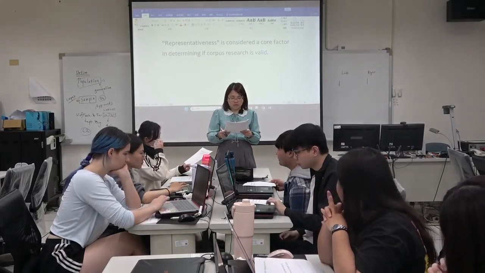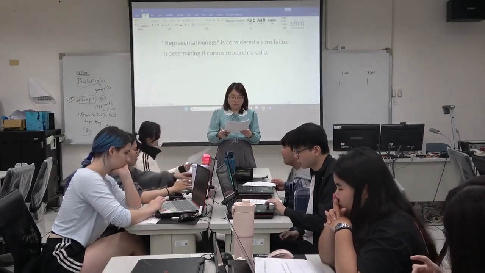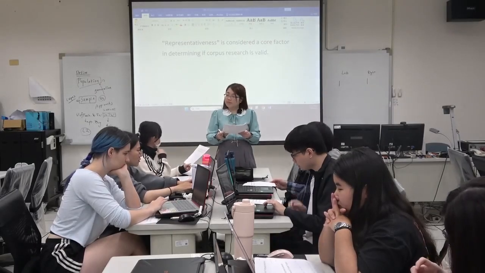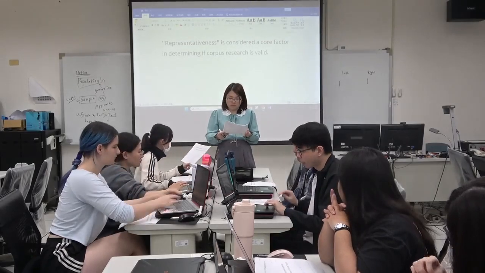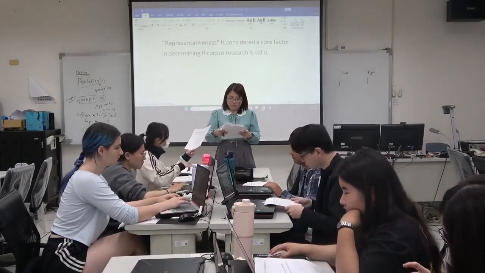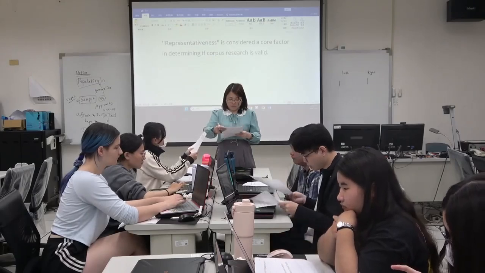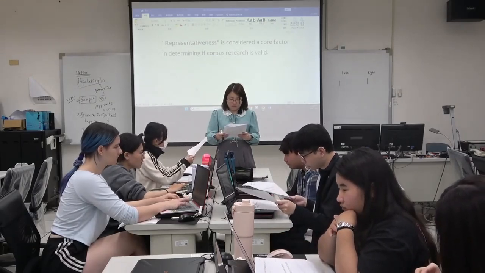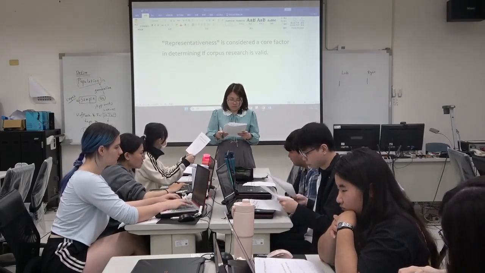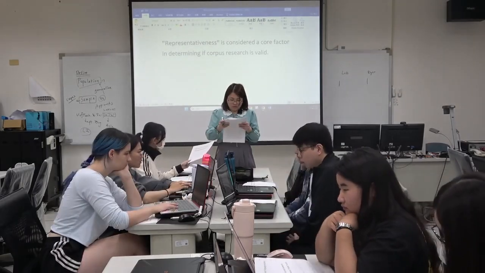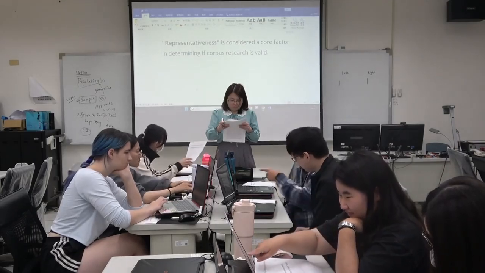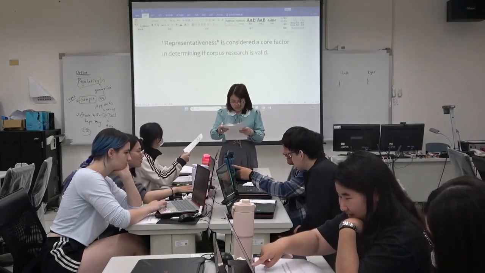Representativeness is central to the validity of corpus research. Yes, so that's where this sentence comes from. On page 60, line 6, they say what they can represent as well as what information is available about the corpus design.